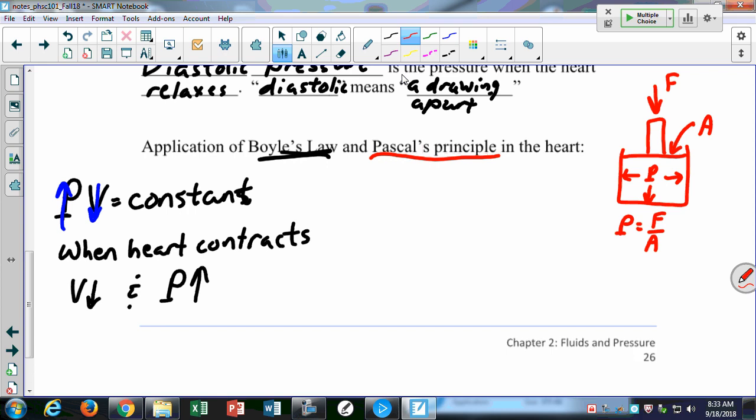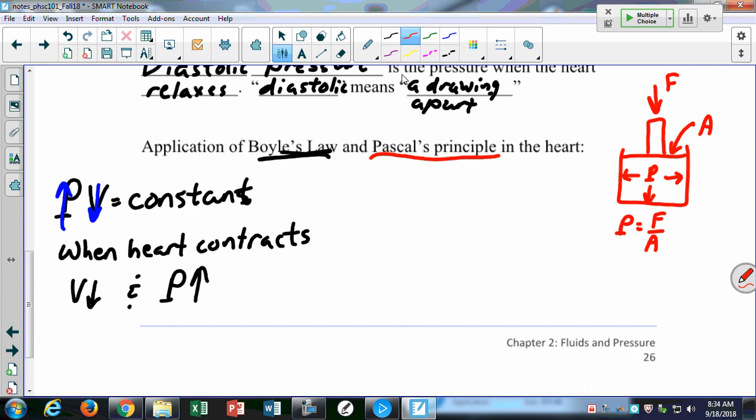Does it work if it's an open system? No, because in an open system, like a container with a hole in it, if you push down, the water or whatever's in there is just going to squirt out. So no, it has to be a closed system. In general, all the things that we're talking about are related to closed systems.